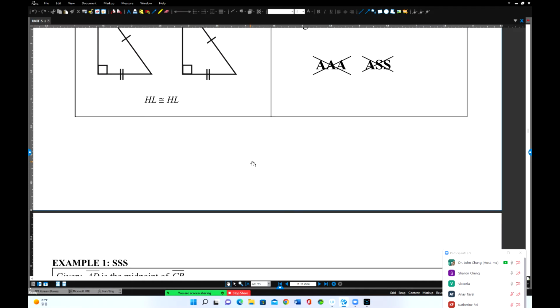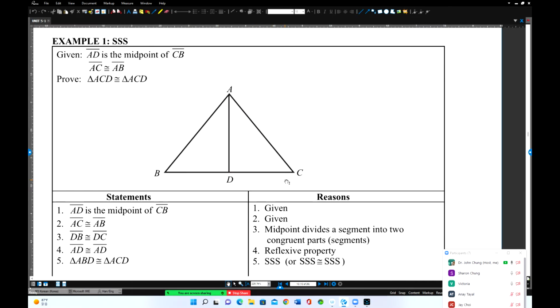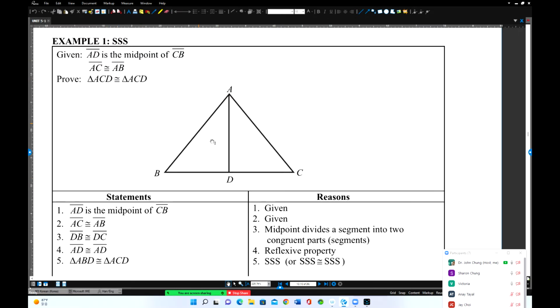So we're going to do some examples over here. AD is a midpoint. I think D is the midpoint, right?